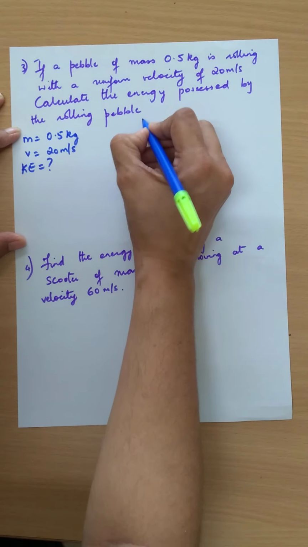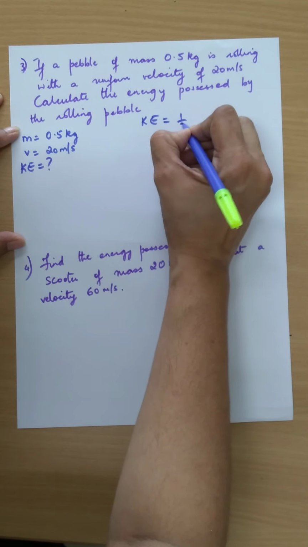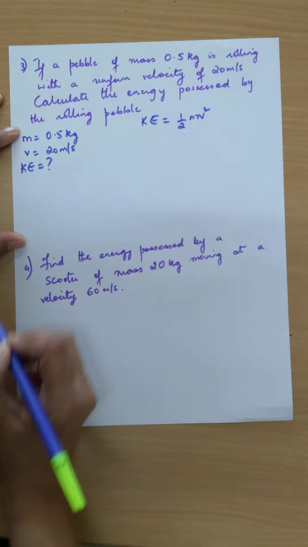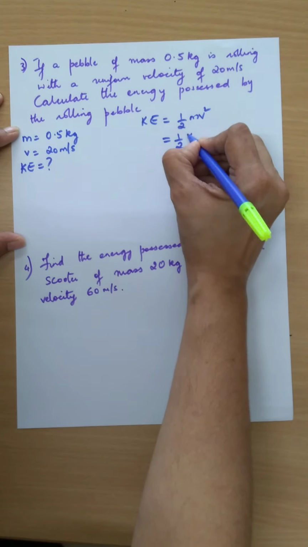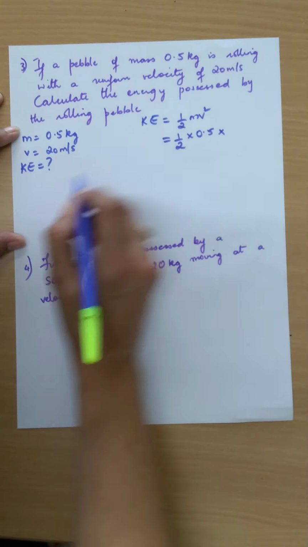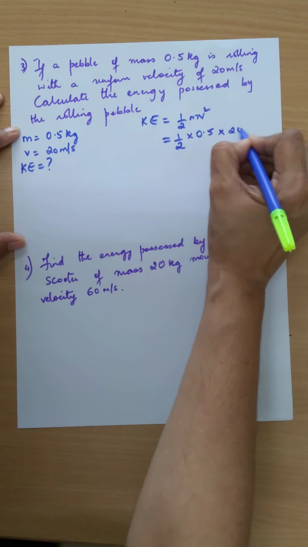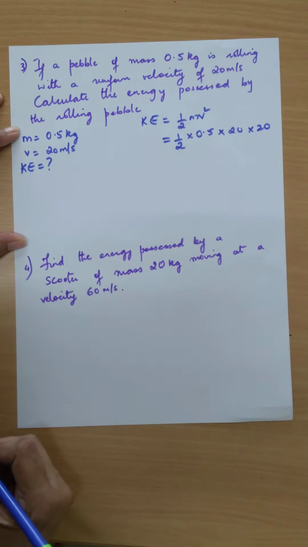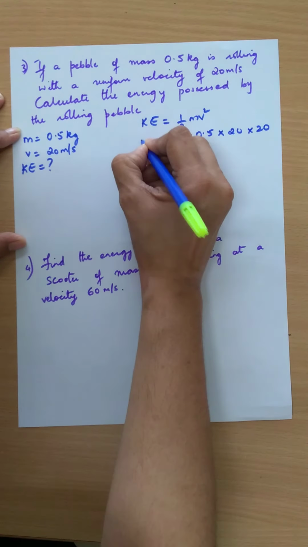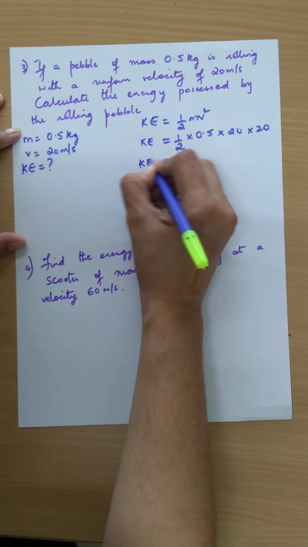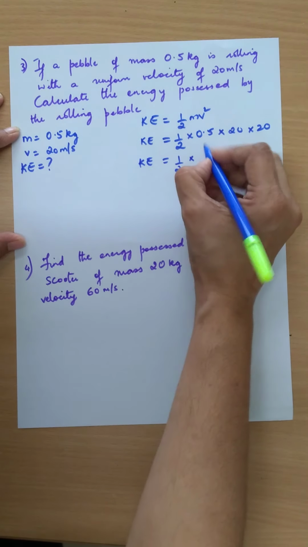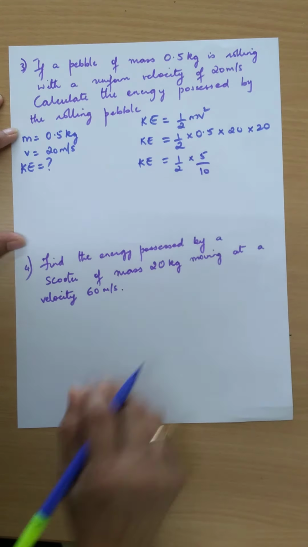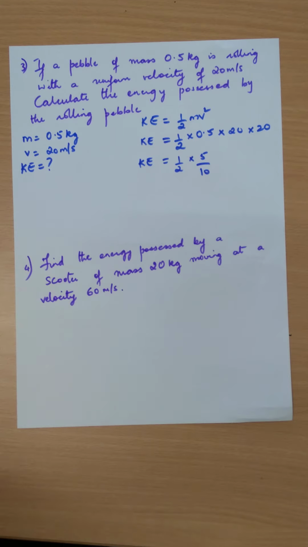So then you write kinetic energy is equal to half mv square. So you have half, m is 0.5. Multiply by 20, multiply by 20. So you have kinetic energy is equal to half multiplied by, instead of 5, I am going to write 5 divided by 10. Is that clear?